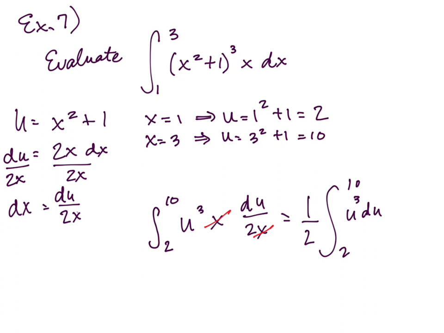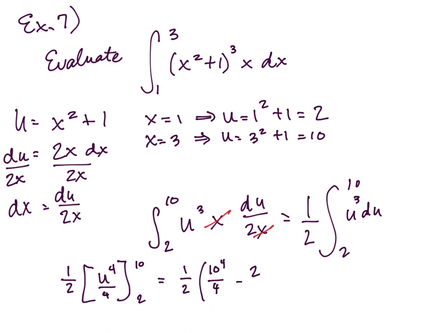Okay, so 1/2 times u to the 4th over 4 evaluated on 2 to 10. I'm going to have 1/2 of 10 to the 4th over 4 minus 2 to the 4th over 4.